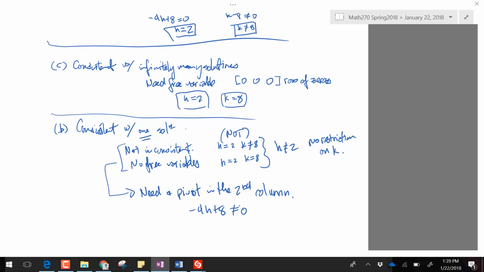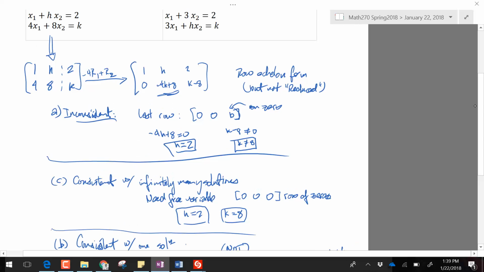Any questions? Yes. Another way to make a free variable. That's not necessarily a definition. It's kind of like a process, and it may not work depending on how many equations and how many unknowns you have. In this particular scenario, we have 2 equations and 2 unknowns, and so a row of zeros would guarantee a free variable.